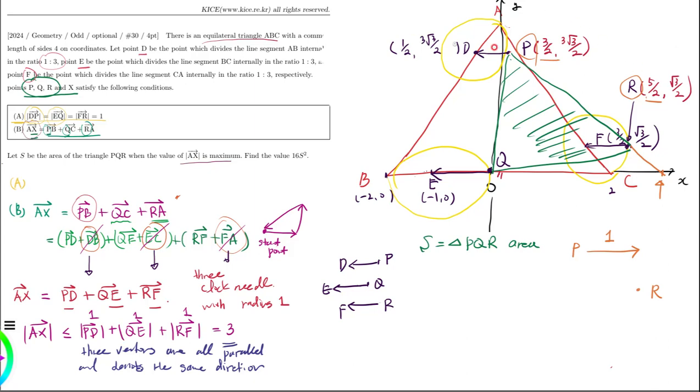I'm sorry, I was wrong here. This should be negative 1/2, and the coordinate for P should be positive 1/2.